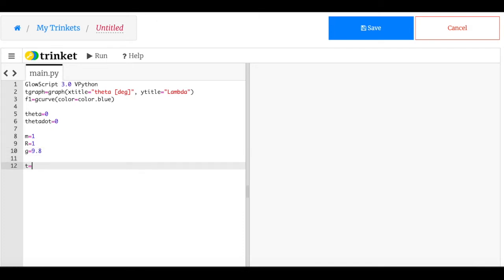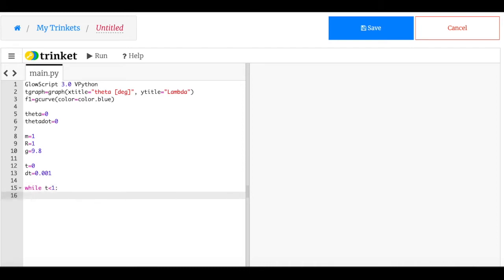Time step: t equals 0, dt equals 0.001. Okay, I'm going to run this. Actually, let's just run it for a second, because it's just a little bit easier to make sure that it finishes. So I can say while t is less than 1, do the following.